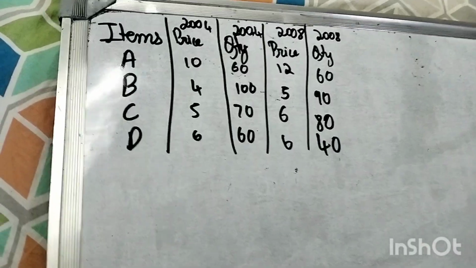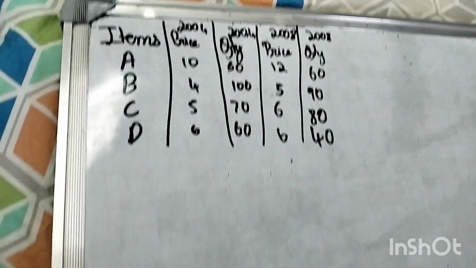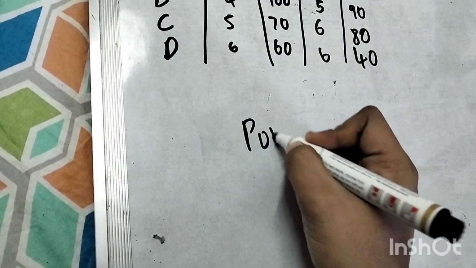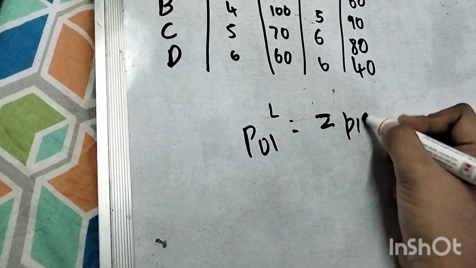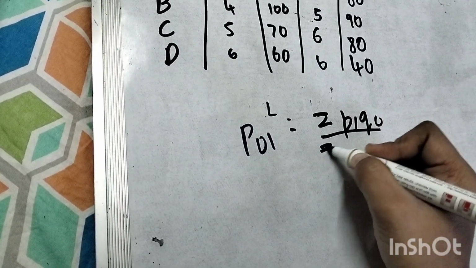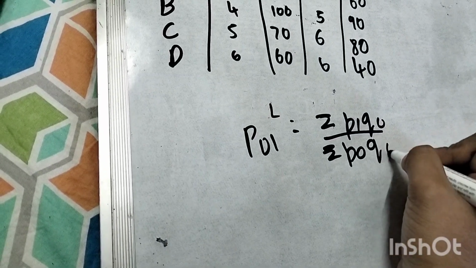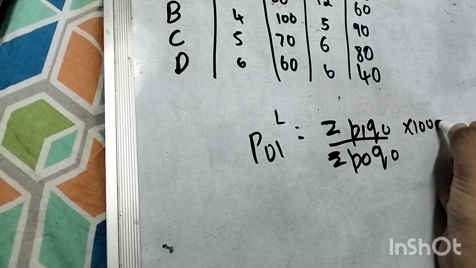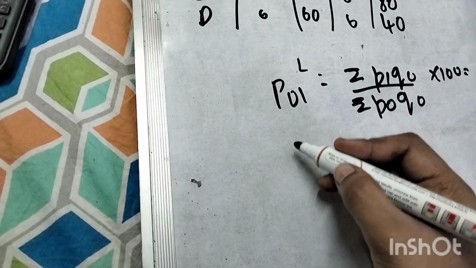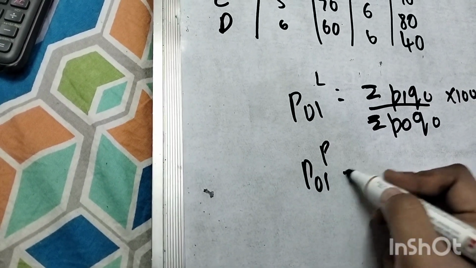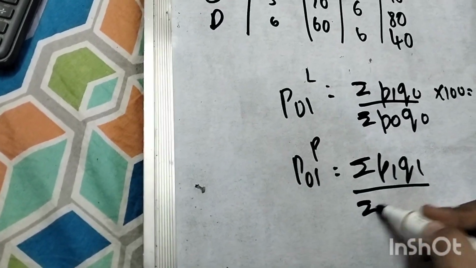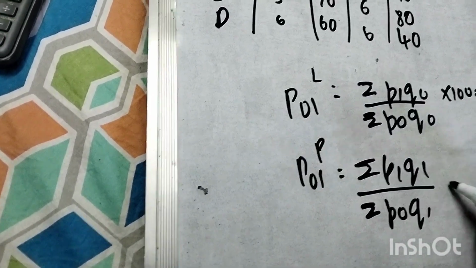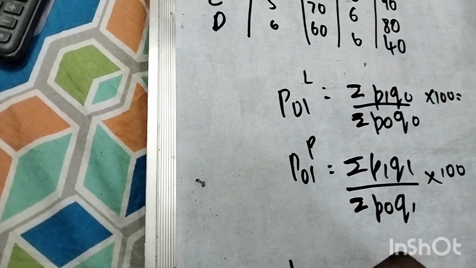We will write down the formulas. P01 of Laspeyres is equal to summation P1 Q0 by summation P0 Q0 into 100. P01 of Paasche is summation P1 Q1 by summation P0 Q1 into 100.